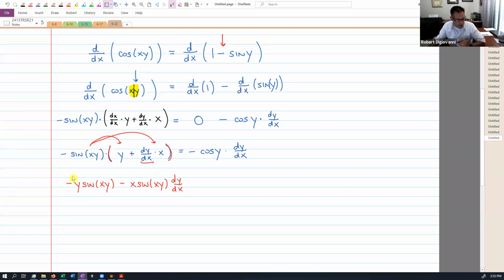So when I multiplied this times this, I just chose to put the x out in front of the sine of xy, and I left the dy/dx here. That was just my choice. I could have put negative sine xy times dy/dx times x. And on the right side, cosine y times dy/dx.